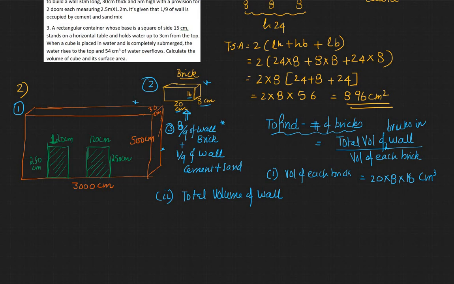So the way to go about doing this is, we can say the total volume of the wall in this case is the total area, which is in the front that you see, the total area without the doors and all those things, into the depth, which is 30 centimeters, right? So once you find the total area, it's just you're stretching it backward by 30 centimeters.